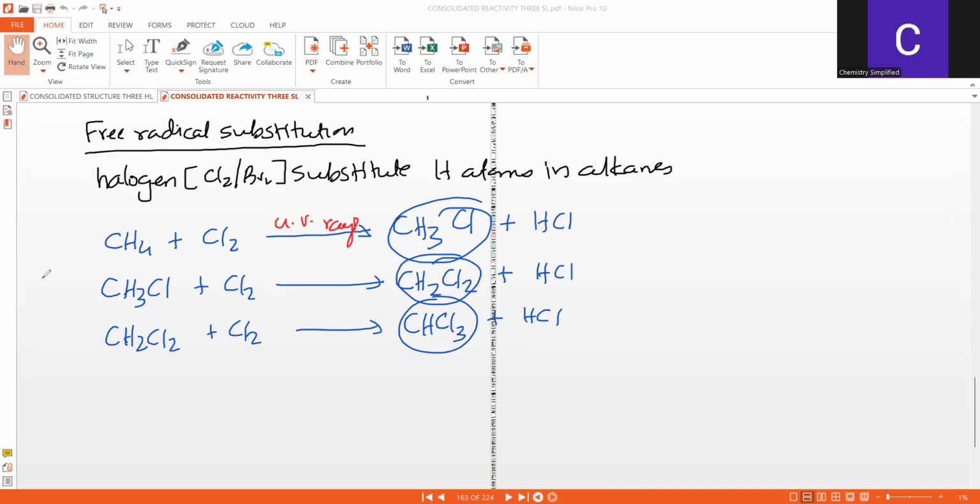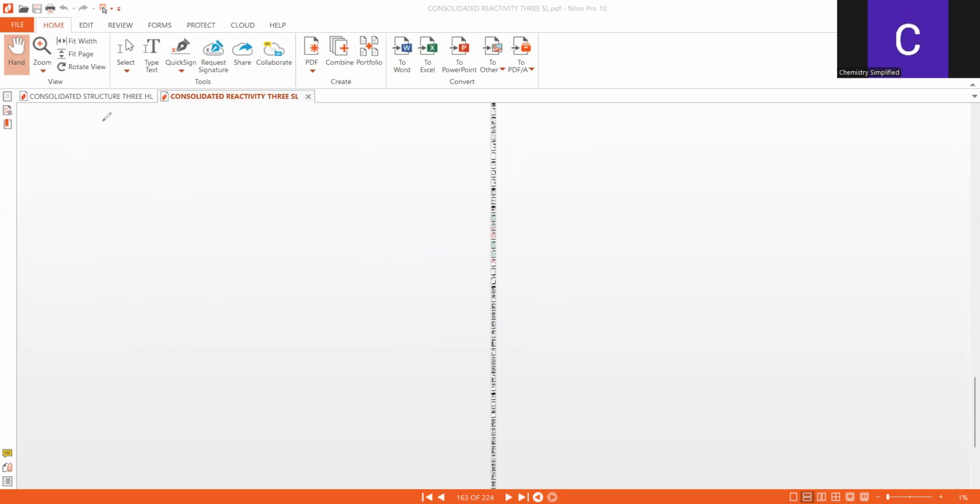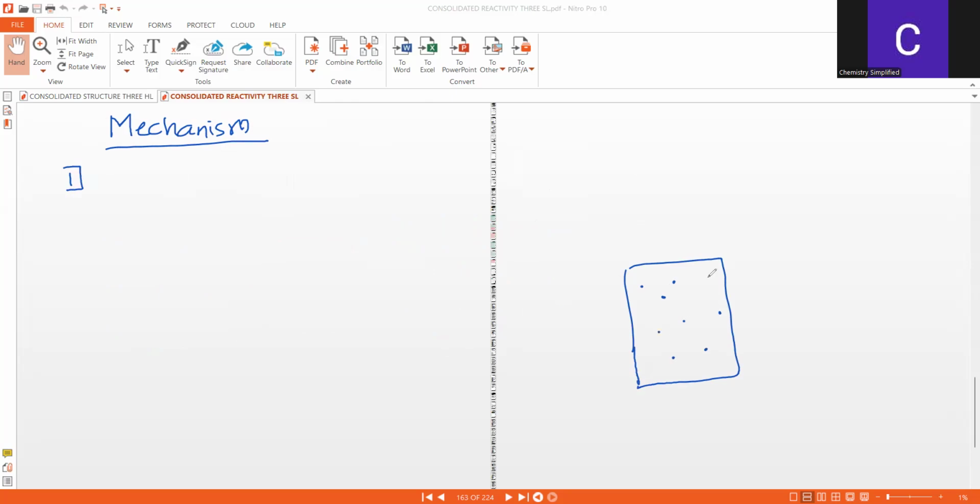Now let's see the mechanism. How does this mechanism happen? The mechanism of this is described in three stages. Basically, if you see the reaction container in which there are, suppose these are the methane molecules.